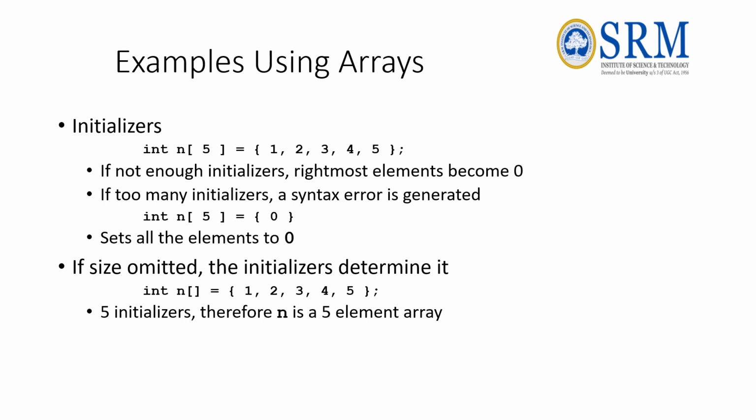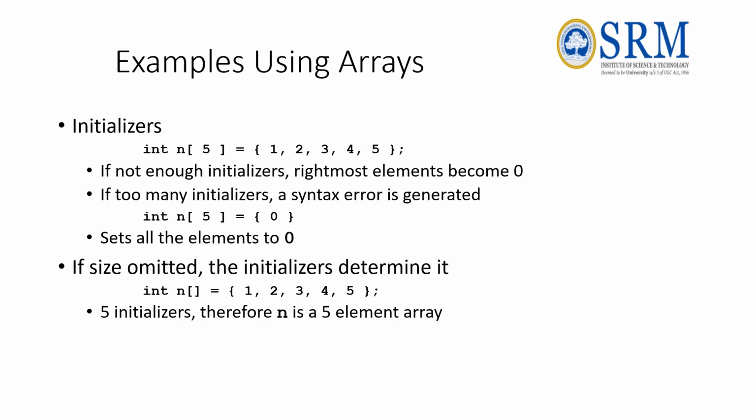Each initializer is separated by a comma. Suppose the size here is 5. I can only put a maximum of 5 initializers. When I make it more than 5, it will be an error. My declaration and initialization will be wrong.